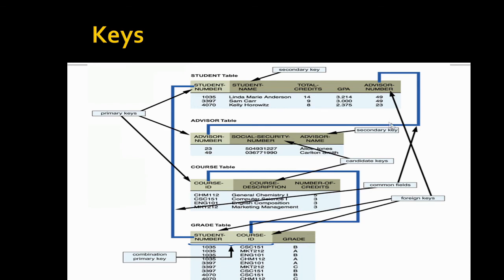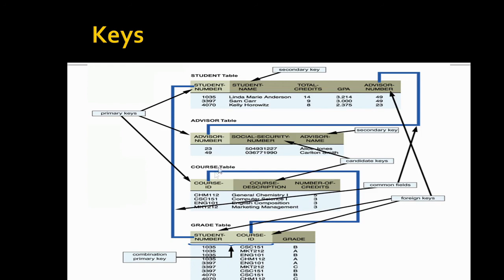That's why it's just a secondary key. And then you notice here that we have advisor number also in our student table, but here it is possible that it is not unique, but this is actually what we call the foreign key. So we match this to the primary key of another table.